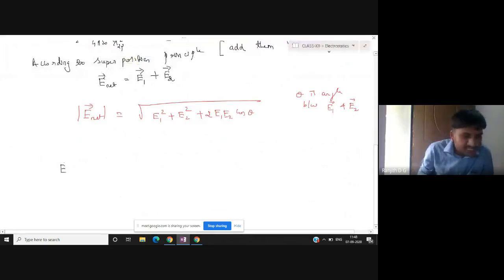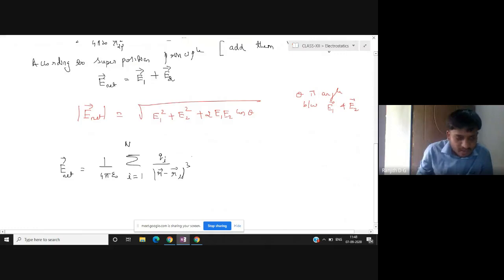So E vector, that is E net, the electric field of the system of charges, will be 1 by 4 pi epsilon, which is a constant, times the summation from i equal to 1 to n of qi divided by the magnitude of r vector minus ri vector, into r vector minus ri vector. So this is the way you can write it.